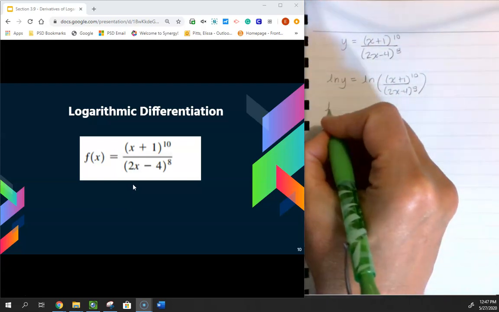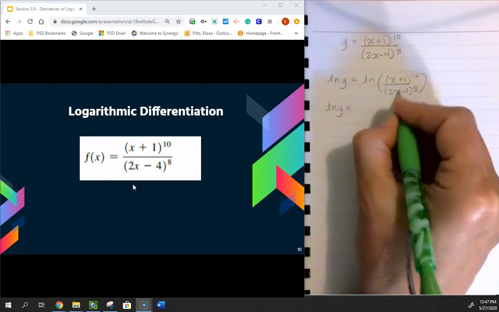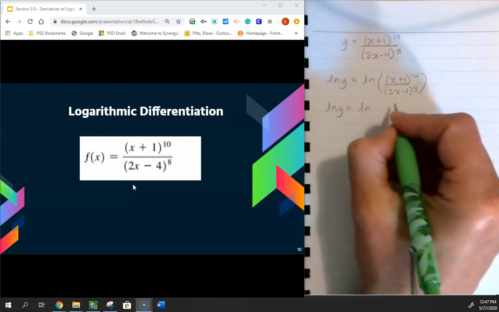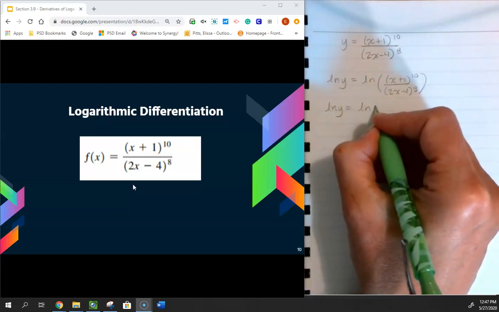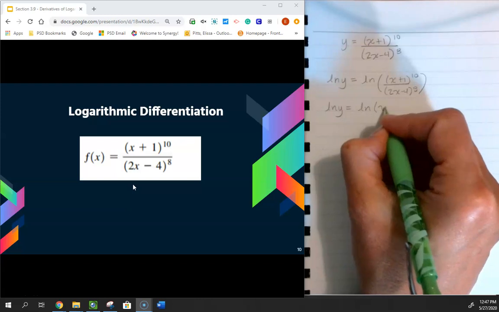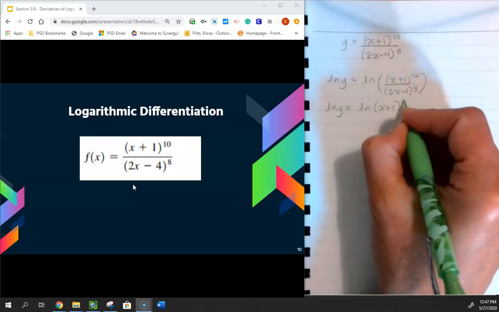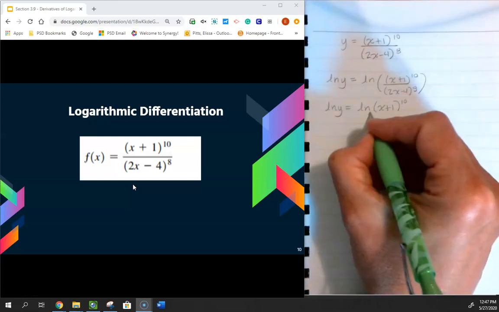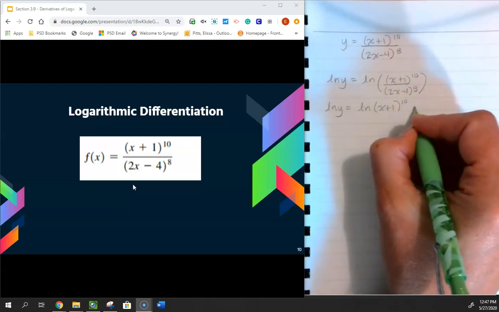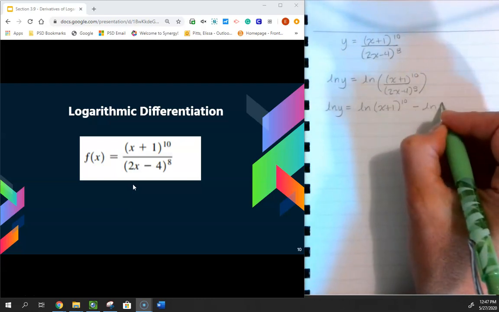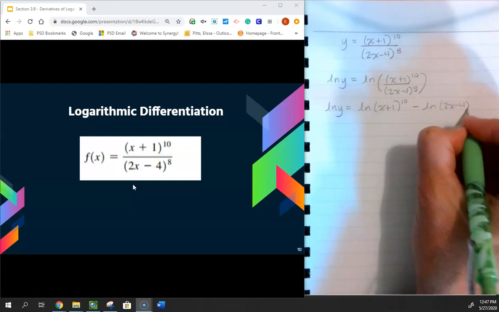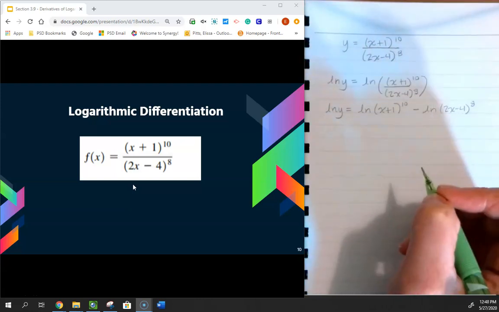So first thing we can do with our log rules is division is the equivalent of subtraction with logs. So we can say the natural log of x plus 1 to the 10th, minus the natural log of 2x minus 4 to the 8th.